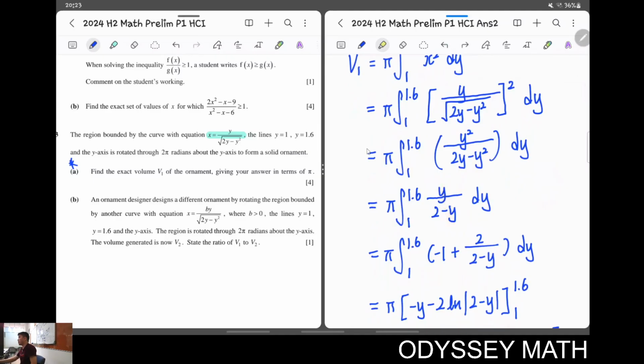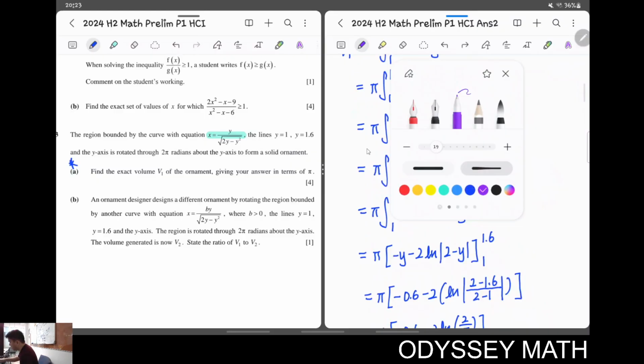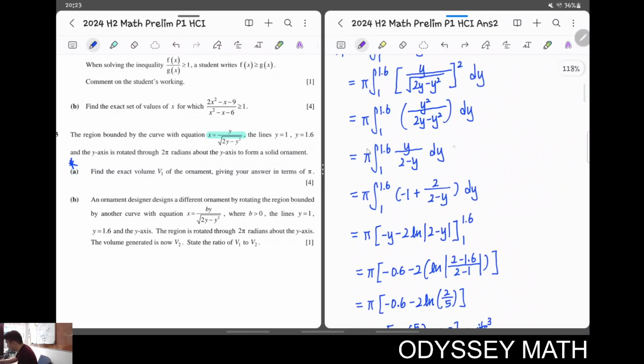So what you do is you split into 2 fractions. The answer doesn't have this, but I'm going to write it here. I purposely write it as minus bracket 2 minus y plus 2, over 2 minus y.